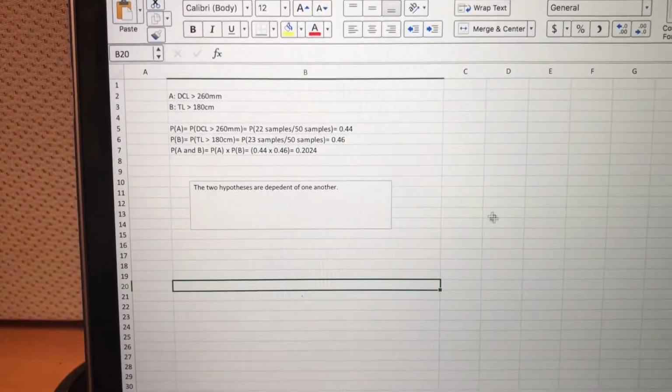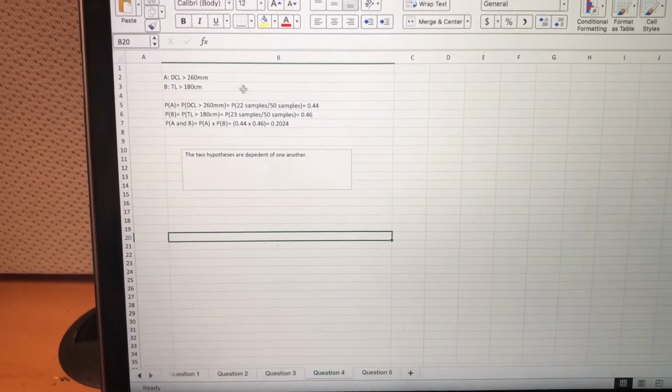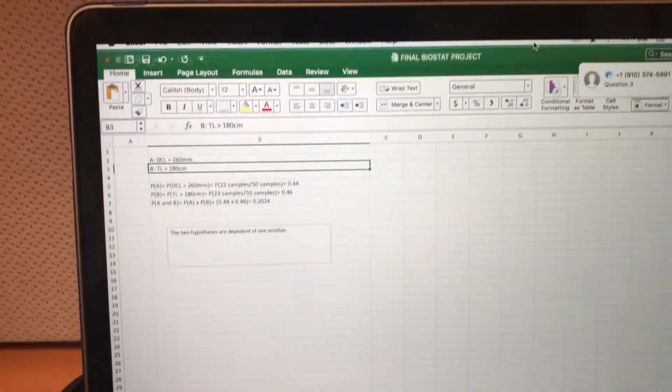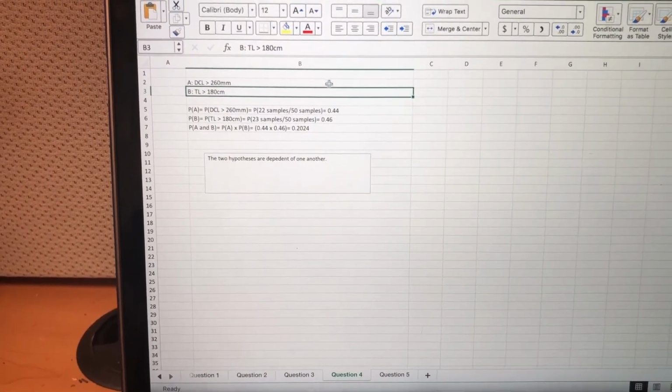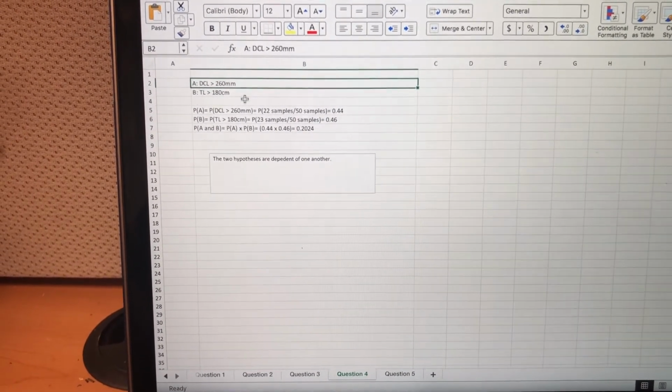In order to determine the hypotheses A and B for question 4, we are going to add up all the points out of the 50. So there's 50 points for each one.